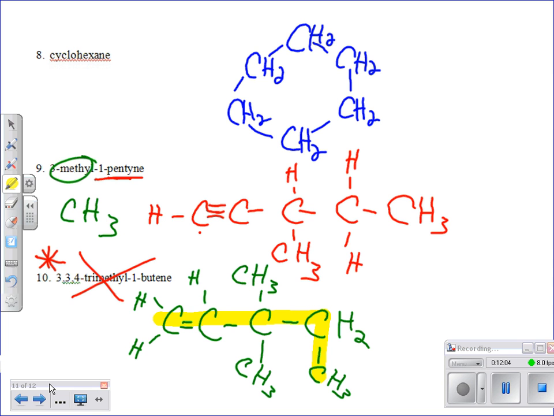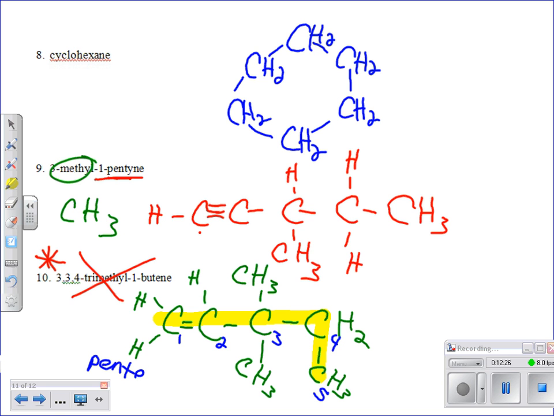So longest continuous chain of carbons. There's more than just 4. You've got 5 carbons in your long chain. So in this case, you have to still call this your number 1 because that's where your double bond is. So when we name this, we'll do it step by step.